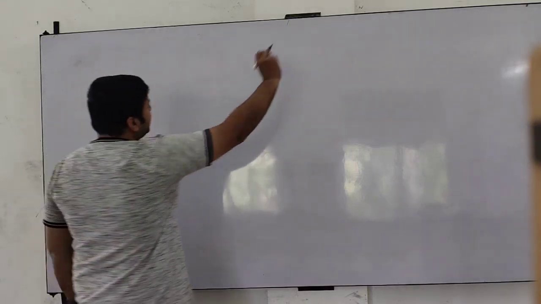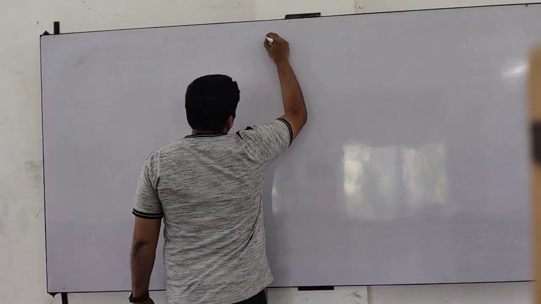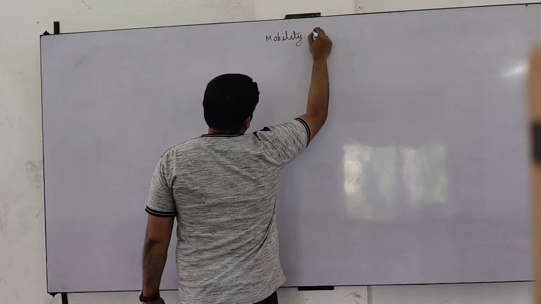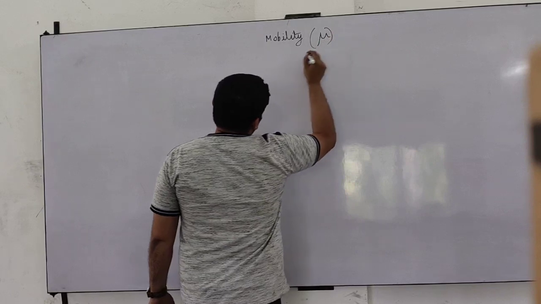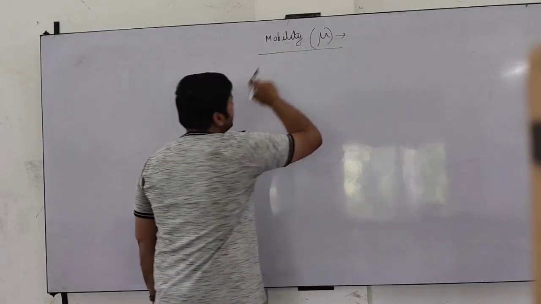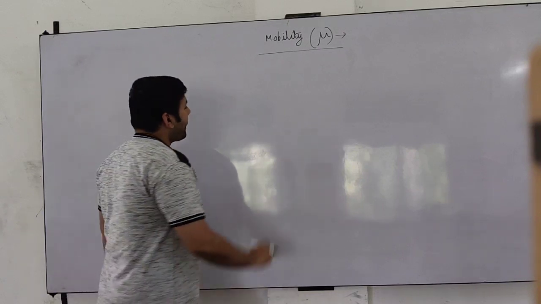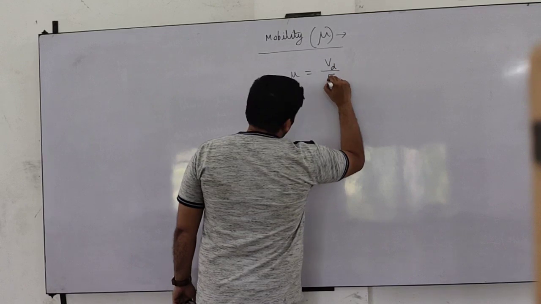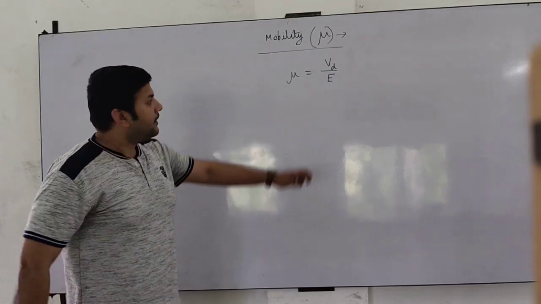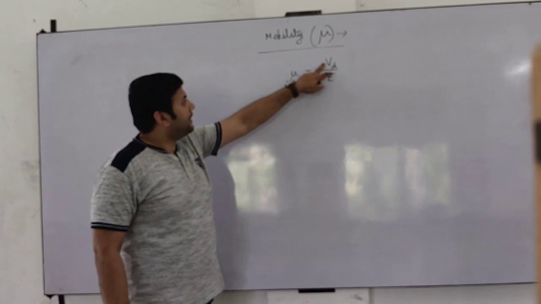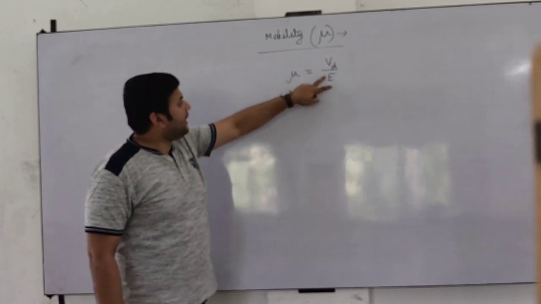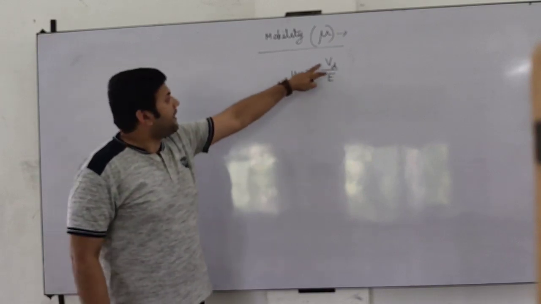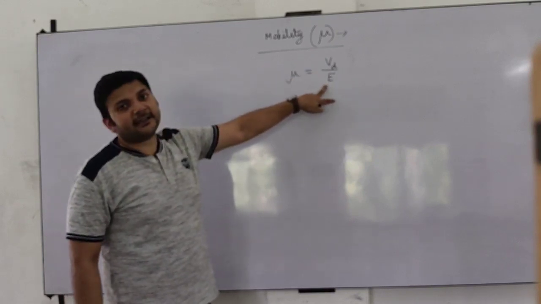Now come to another thing, that is mobility. M-O-B-I-L-I-T-Y. Mobility is denoted by mu. Mu is equal to Vd by E. Mobility may be defined as the drift velocity per unit electric field.